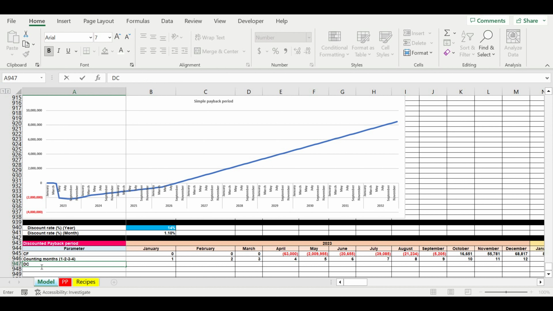I will freeze this cell. So this will be discounted cash flow.